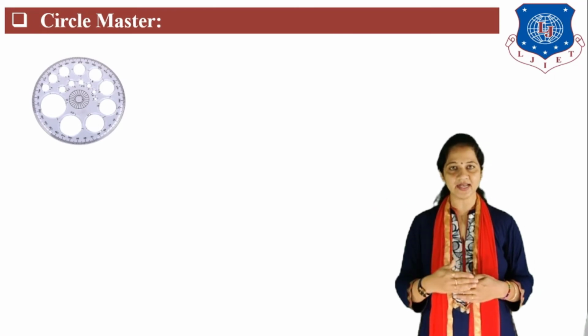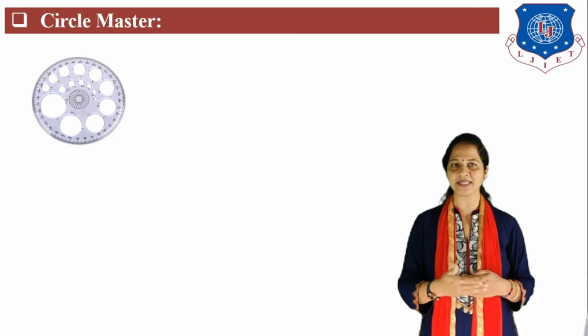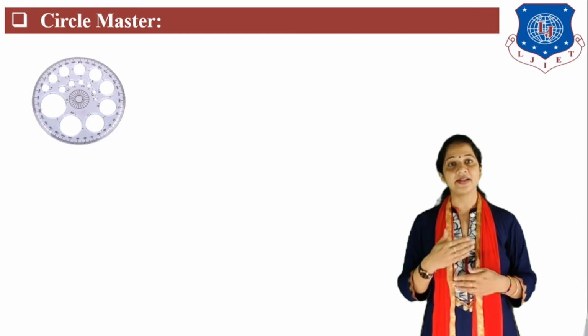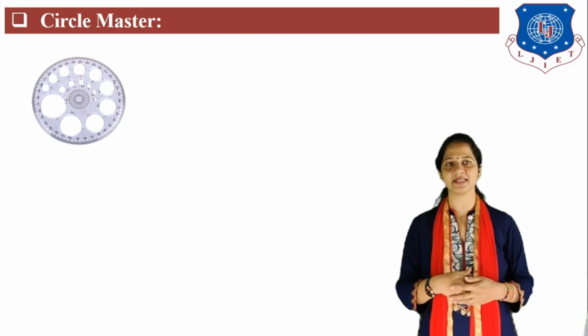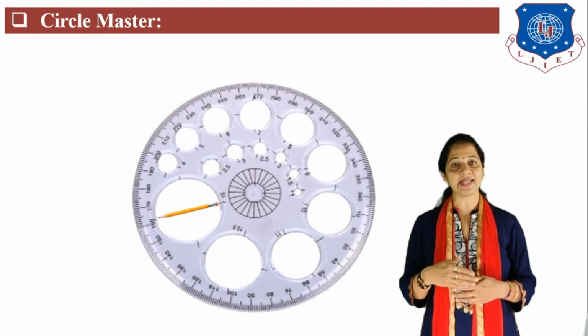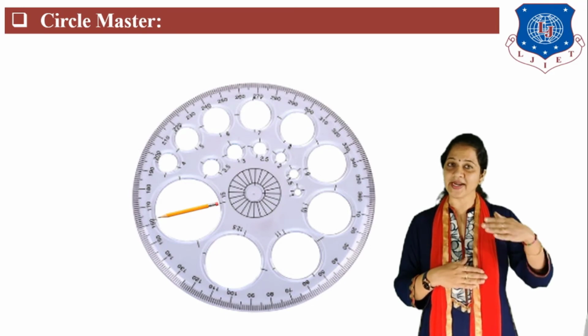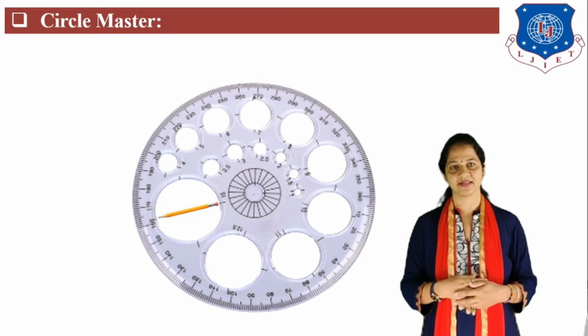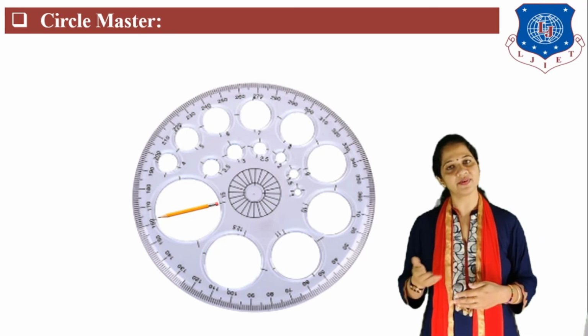Next instrument is circle master. It is a thin flat piece of plastic with different sizes of circles cut in it. So it is used to speed up the drawing work. It is one kind of template.